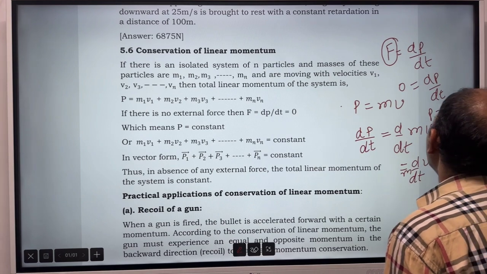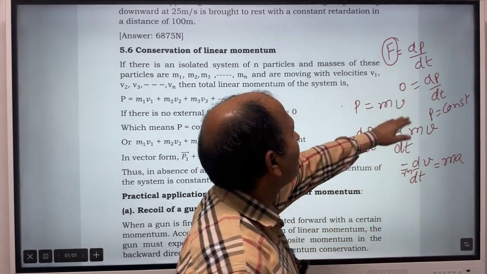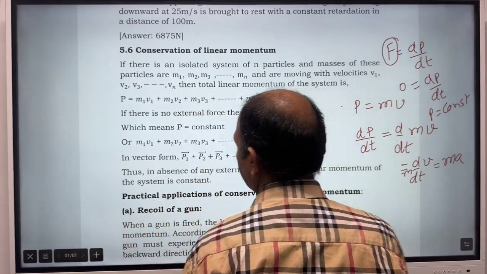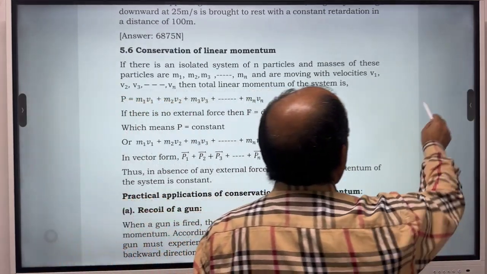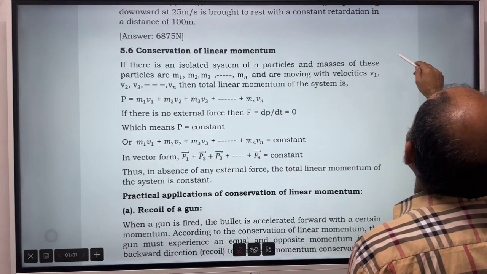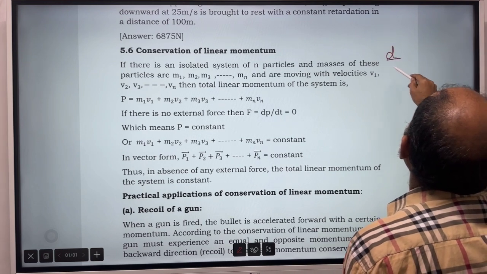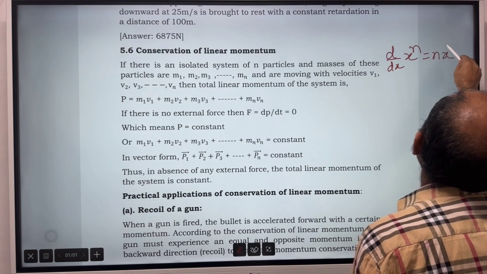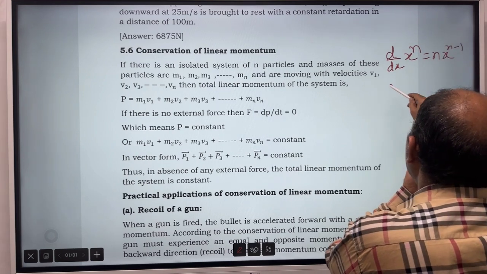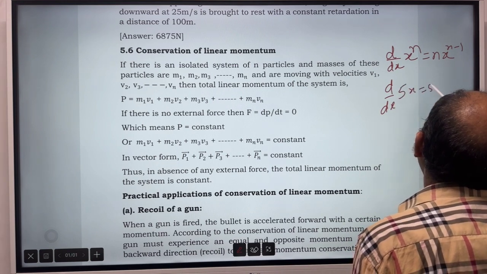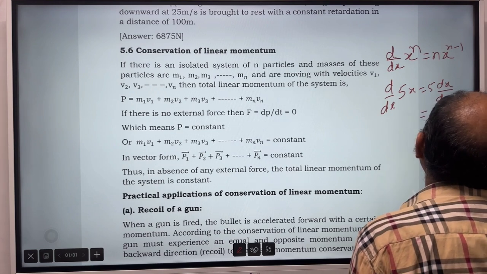Now there will be a question in your mind, if dp upon dt equal to 0, then why p equal to constant? So let's understand it. The logic is simple. As I have told you in differentiation, d upon dx of x power n equal to n x power n minus 1. d upon dx of 5x gives 5 times dx upon dx, that is 5.